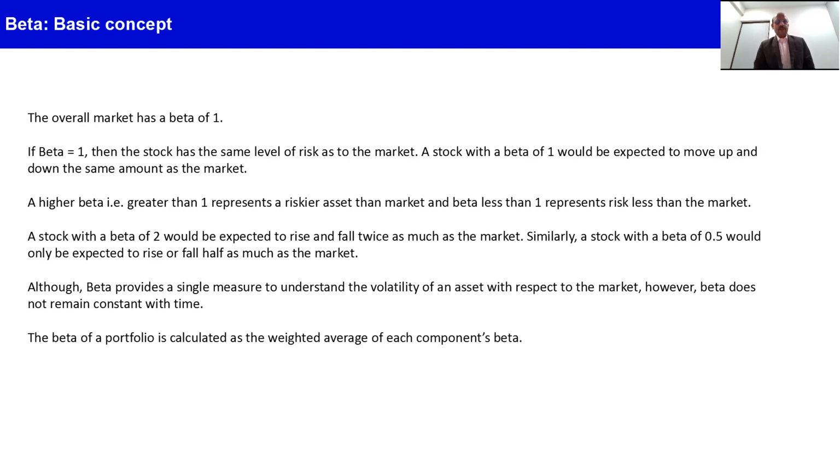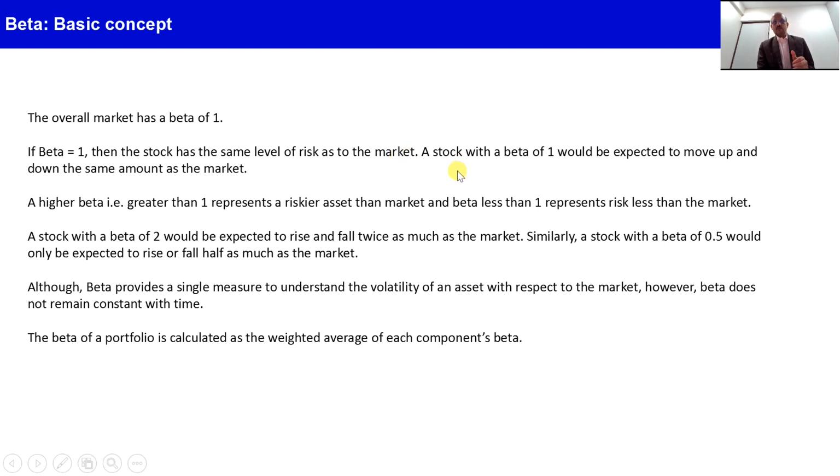The overall market has a beta of 1 because it is a combination of various securities. So the market will always have a beta of 1, and a beta of 1 for a security means that the stock has the same level of risk as the market. It means the stock will move in the same direction and to the same degree as the percentage of stock market movement.